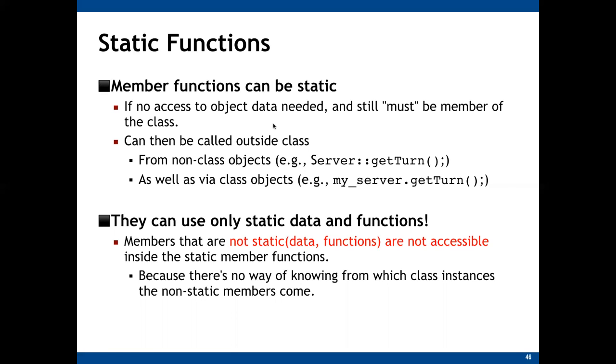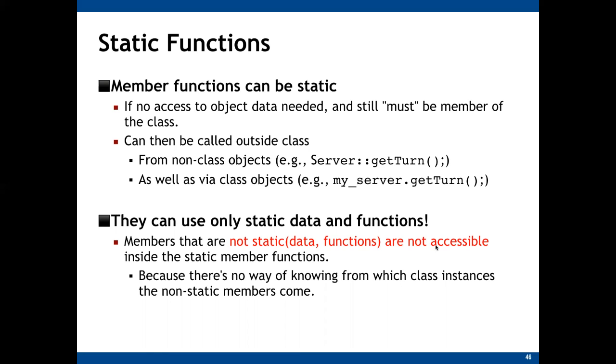They cannot access non-static member variables. So, as shown here. And inside of the static member functions, non-static member functions cannot be called. This is because static member functions do not know the class instance. They do not have the this pointer that we learned in previous slides.